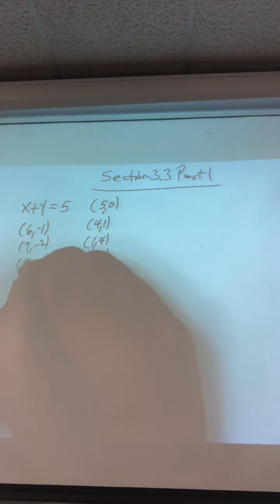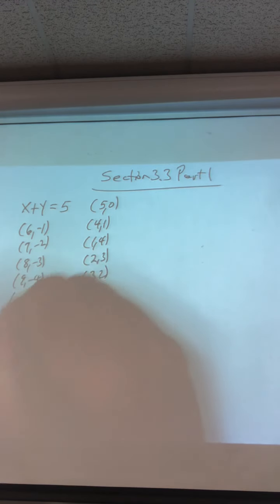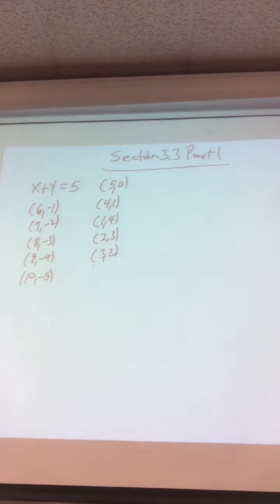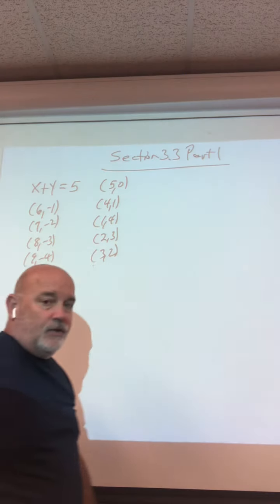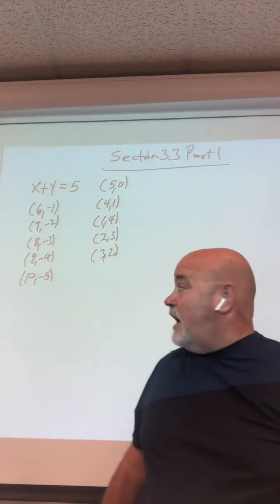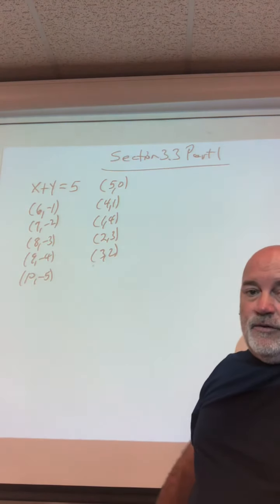Yeah, that works. 8, negative 3. 9, negative 4. 10, negative 5. And you say, no, wait a minute, Ms. Rainer, I could go on forever and keep following this pattern and give you two numbers that add together to give you 5. That goes on forever. Now you're starting to get it, because those numbers do go on forever.